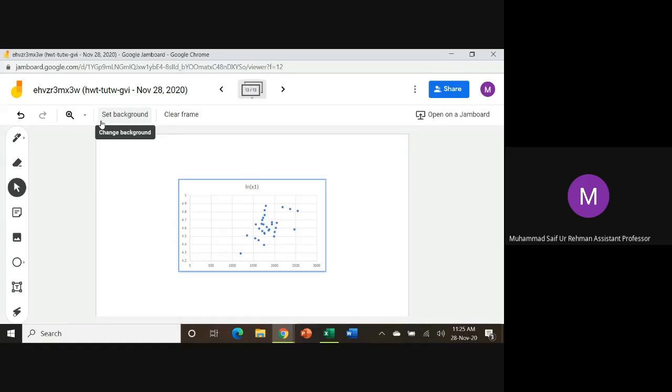Okay, but from here you can simply say that there is some relationship that is positive, but whether it is linear or not, for that you can say if you take log, it becomes slightly more linear as compared to the previous case, but not exactly linear.